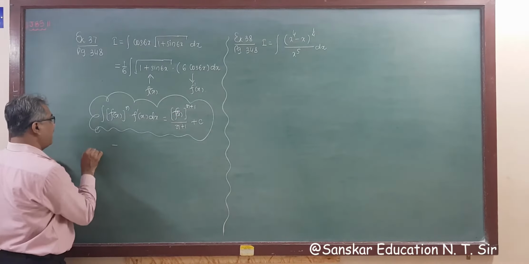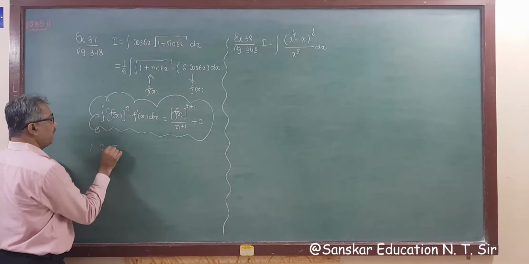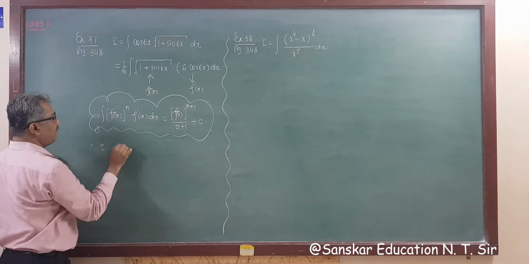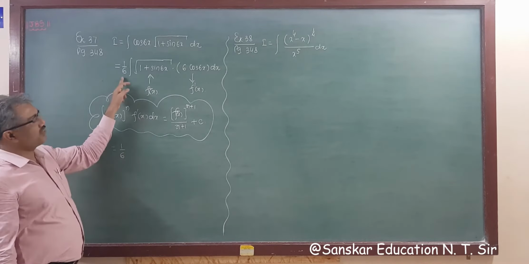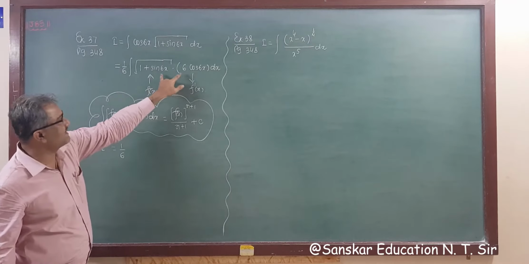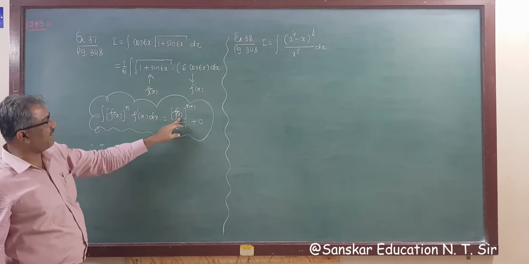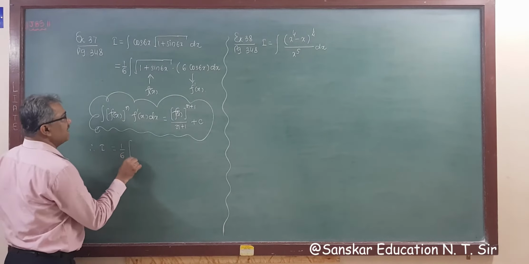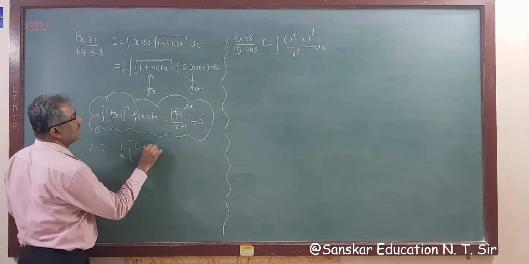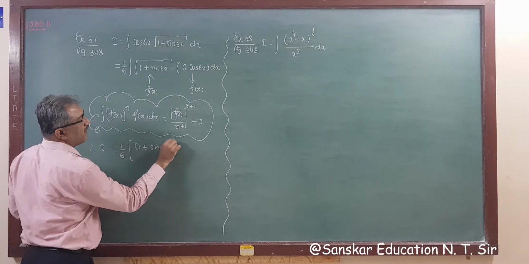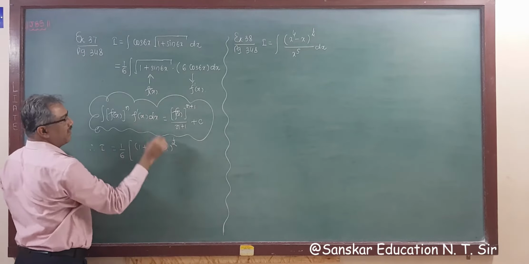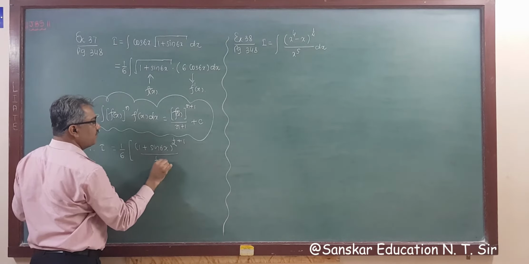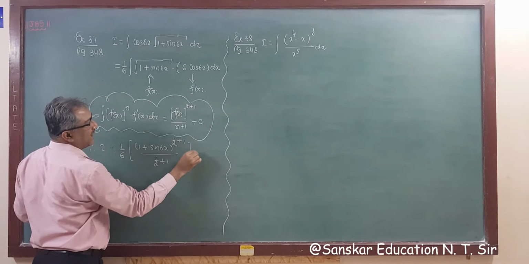So the answer will be I is equal to 1 upon 6, constant as it is. Now the integration of this is f(x) into f dash x, so the answer is f(x) raised to n plus 1. So one power more than the power of f(x), that is 1 plus sin 6x raised to half power, which is already there as square root, and add 1, whole upon 1 upon 2 plus 1, and plus c.